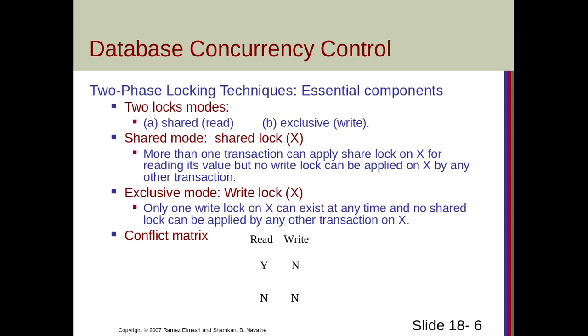A number of transactions can read a data item, so a read lock can be shared. But a write lock is exclusive. That means when you are writing a data item, no other transaction is allowed to either read or write. That is called an exclusive lock or write lock.